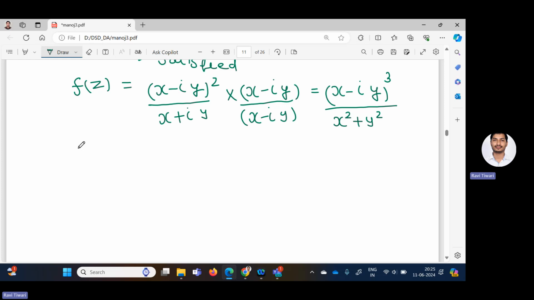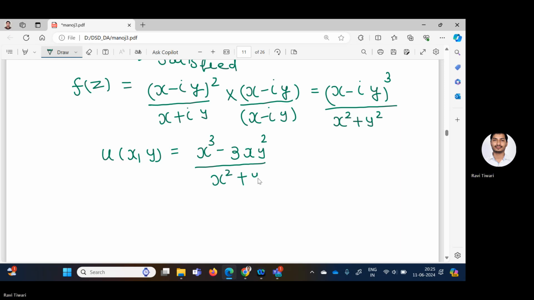So the real part of this function, you can calculate, u of xy, this you will get x cube minus 3xy square, divided by x square plus y square.